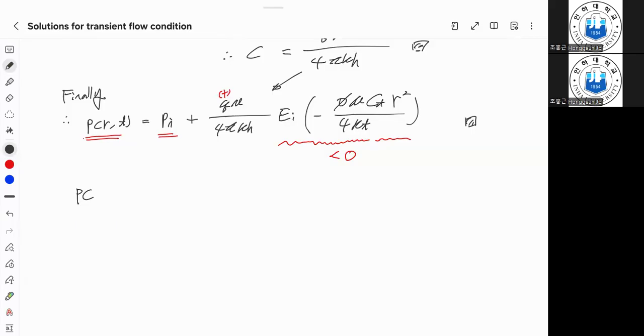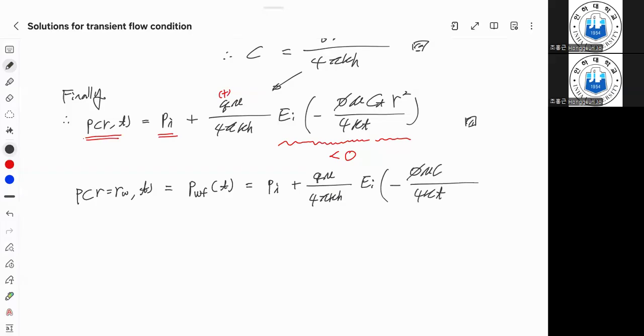So when R is equal to the radius of the wellbore, RW, we call it the bottom hole pressure, and this is only a function of time, and this is equal to Pi plus Q mu over 4 pi kh, times Ei of minus the quantity porosity, compressibility, viscosity, RW squared over 4 kt.